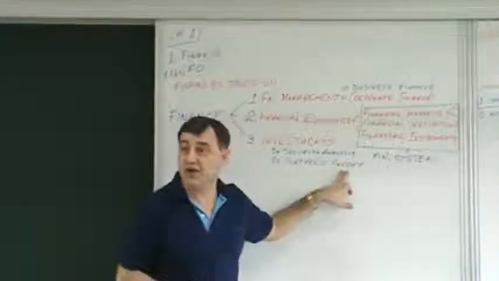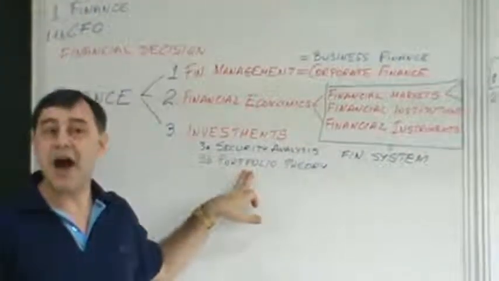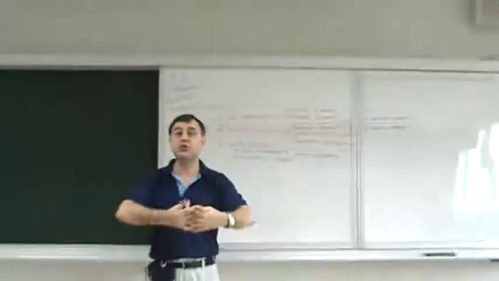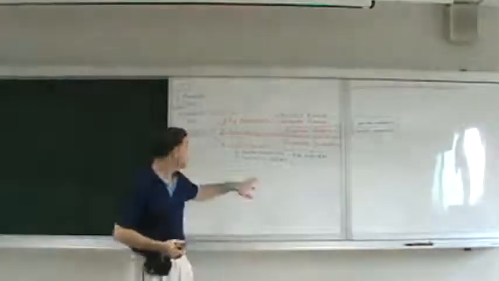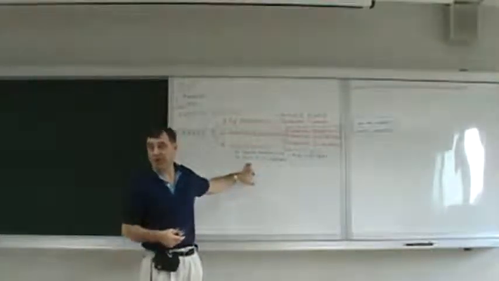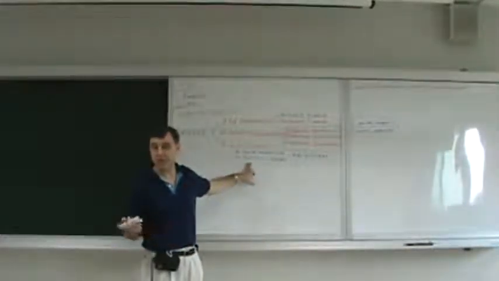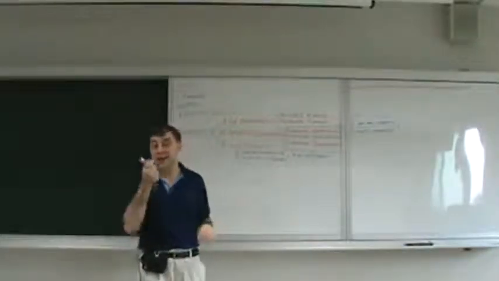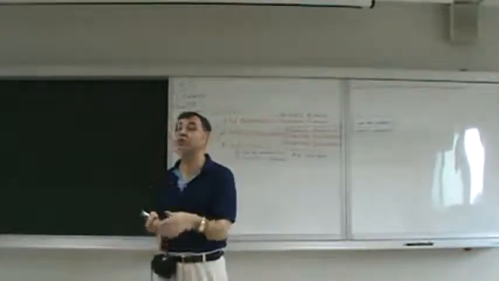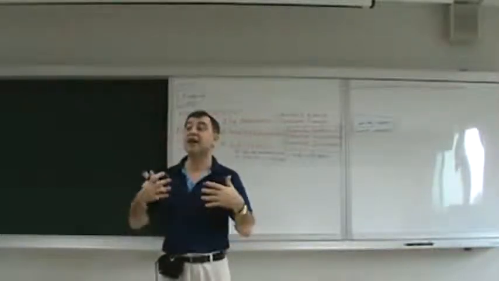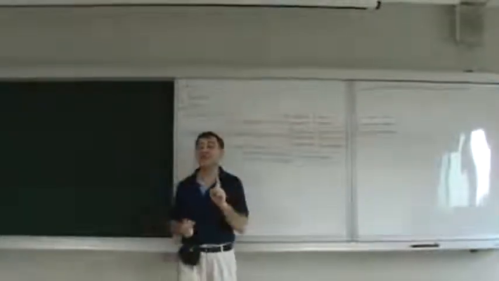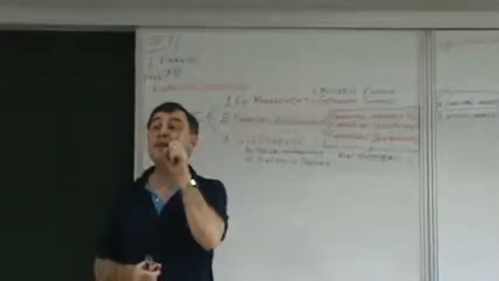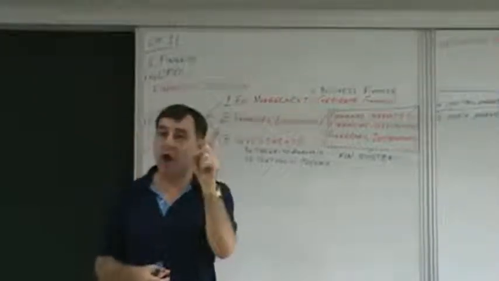So portfolio theory is basically how to use collectively different investments, how to combine them for proper risk and proper return. So portfolio theory is the subject of how to construct an investment portfolio.